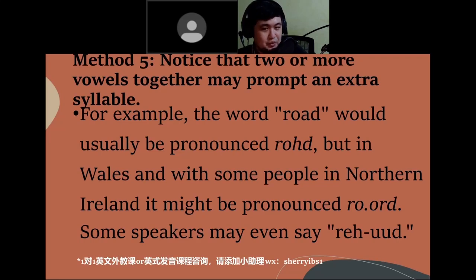For example, the word road would usually be pronounced as road. But in Wales and with some people in Northern Ireland, it might be pronounced as roared. Okay, roared. So the word road is going to be road. In American, it's road. Down the road, man.